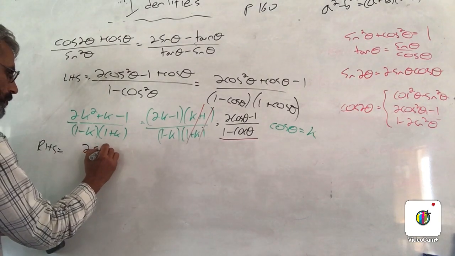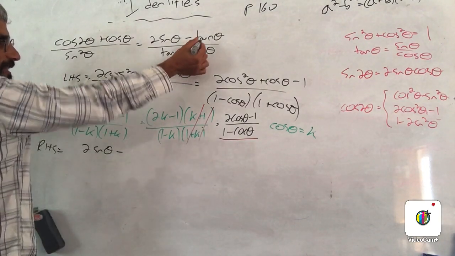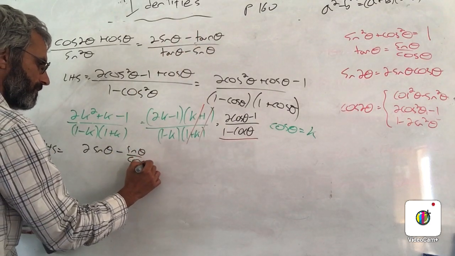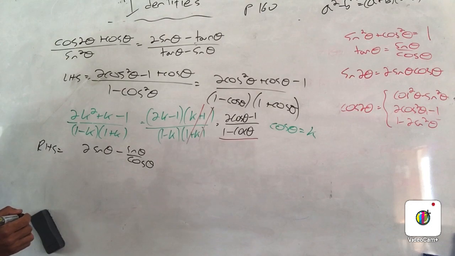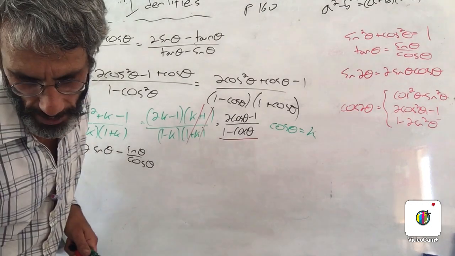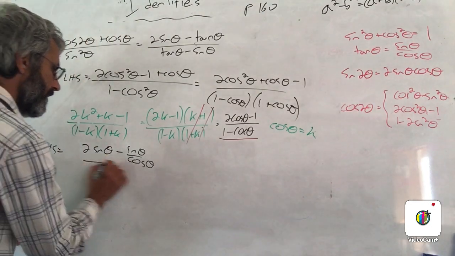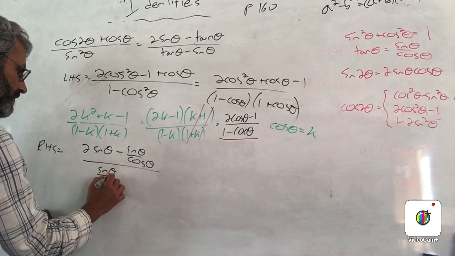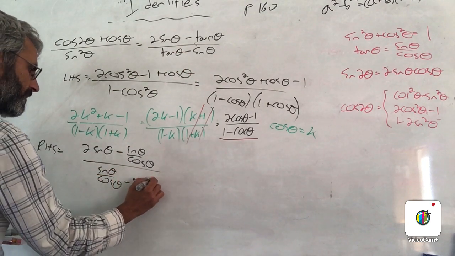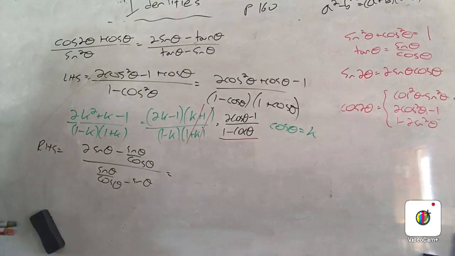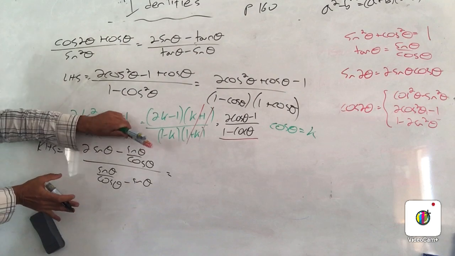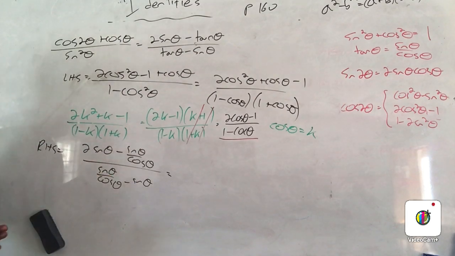Okay? So 2 sine theta minus, instead of tan theta, I'm going to write sine over cosine. Okay? Is this going to help me, this thing? Am I doing it the right way? Yeah, looks like it. And then instead of tan, I'm going to get sine over cosine minus sine. And then I'm going to get common denominator for the top and common denominator for the bottom.